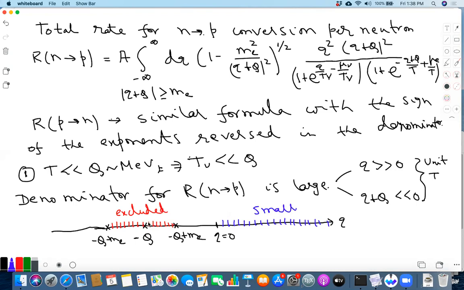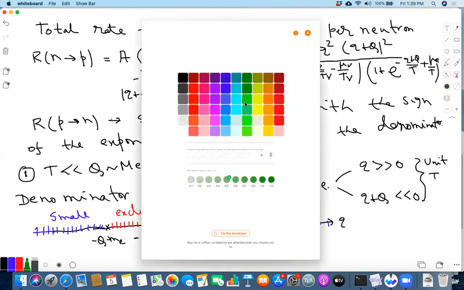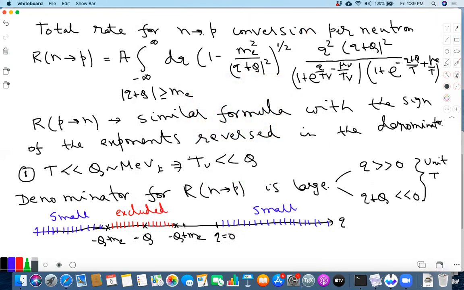And similarly, you see that for q less than minus Q, that means from here onwards, but this region is excluded anyway. So you can say that for this whole region also, it's small. So basically the dominant contribution comes from this region.